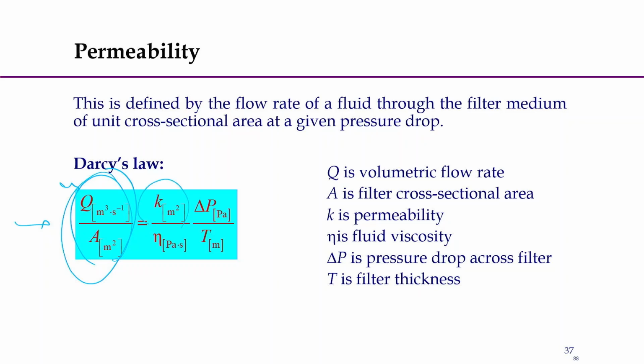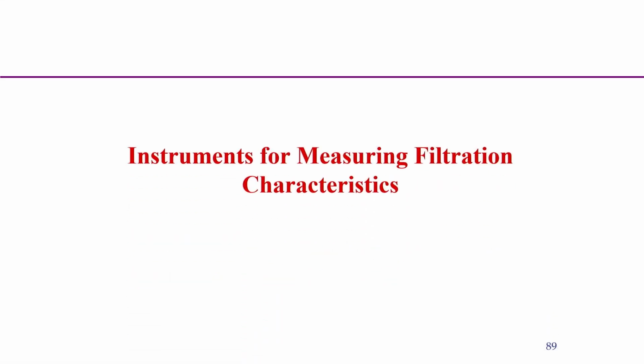So, if permeability increases, this quantity increases. If we increase the pressure drop, then this flow rate will increase. If the viscosity of the fluid increases, then the flow rate will reduce, and if we increase the thickness, this flow rate will reduce. So, we can play with all these parameters to keep the flow rate or permeability of the filter media constant.